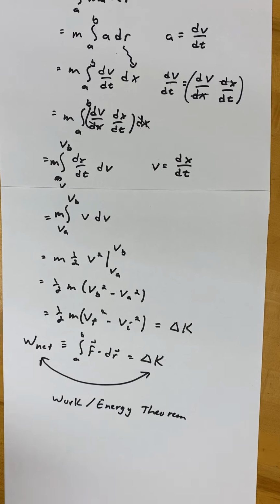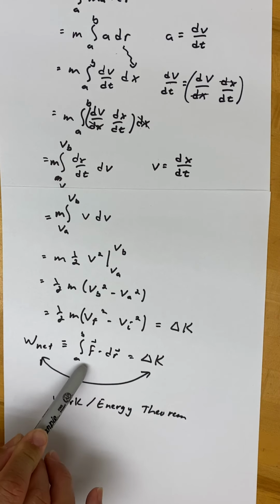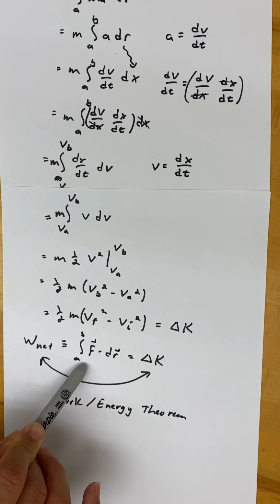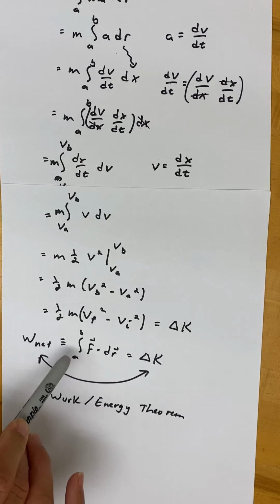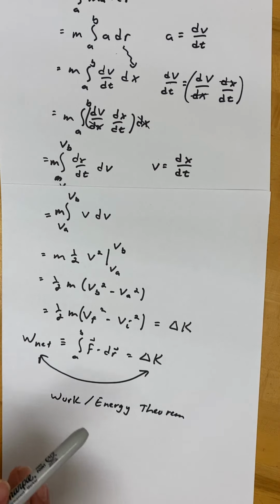If it so happens that my acceleration is constant, I can use kinematics to then relate it to displacements and velocities. But here is the more direct route. Furthermore, the force doesn't have to be constant to relate these things. This works if the force is non-constant. In fact, if the force is constant, you're probably not integrating, you're probably just adding things up. But if the force is non-constant, integration is really your only choice.